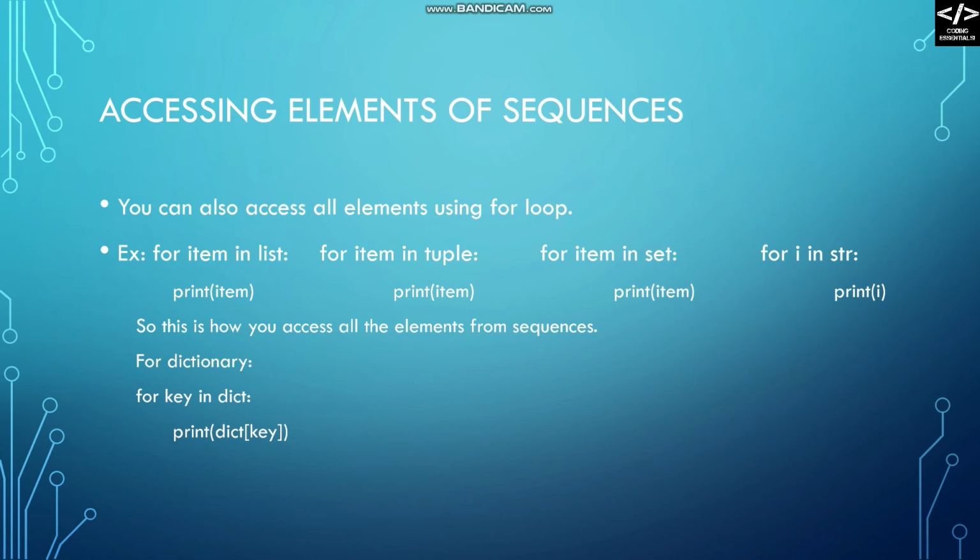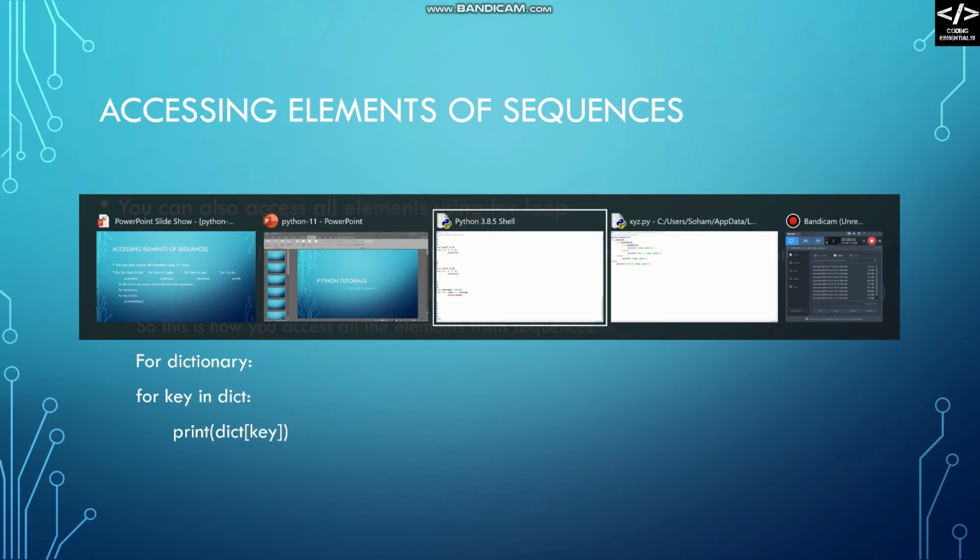Now coming to dictionary. For a dictionary you need to write dictionary of key. You first need to access the elements, then you can print all the elements. I will show you.